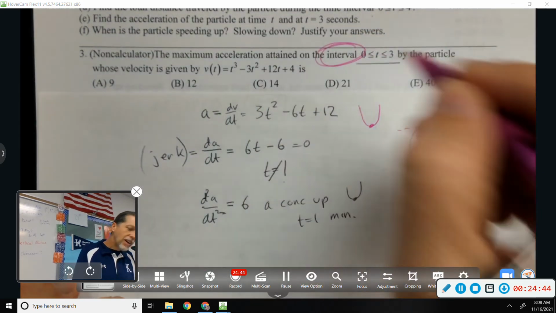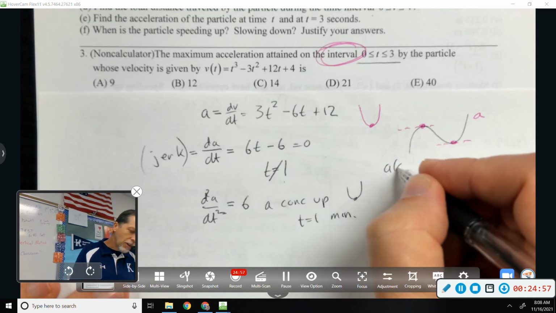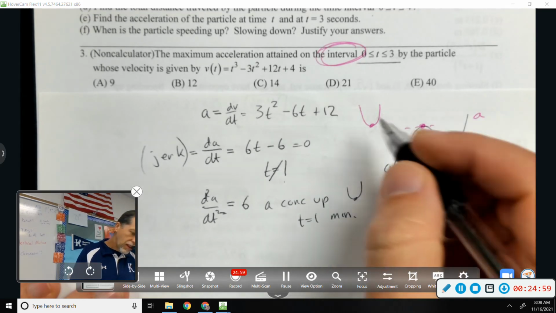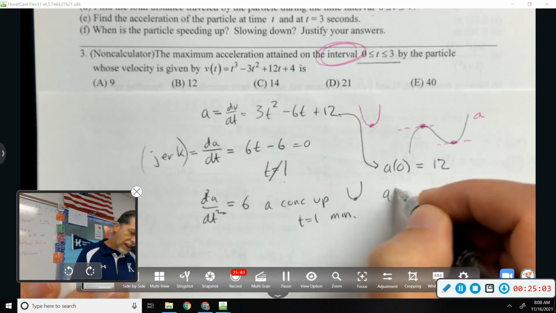So if it's not at the critical point for acceleration, where might it be? I got to check my endpoints. So I need a of 0, which should be 12, and a of 3.